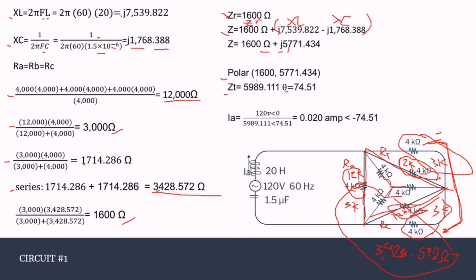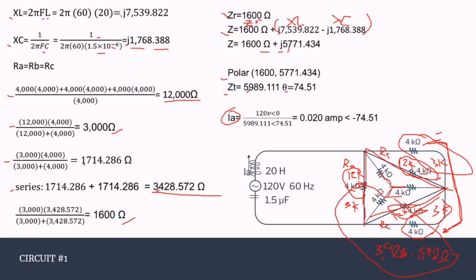So polar 1,600 and 5,771.434. Z total is equal to 5,989.111 for our magnitude and our angle is 74.51.